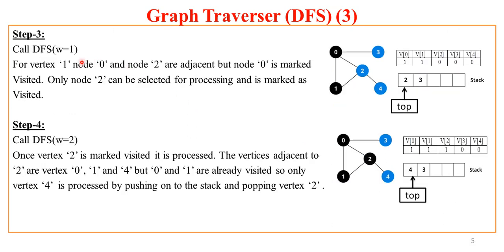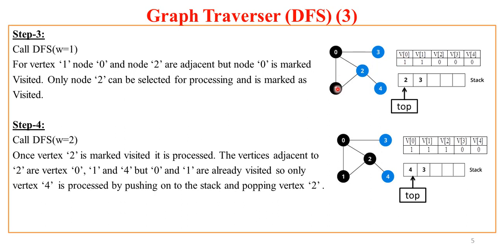Now here our next adjacent vertex, that is W, is 1. Our U was 0 and W is 1. So we start exploring the first adjacent vertex of 0 as it is the topmost item. As soon as we start exploring that, there is a call to DFS with W equal to 1, so that vertex is marked as visited, as you see, and all the nodes adjacent to 1 are explored. The node adjacent to 1 is 0, but 0 is already explored.